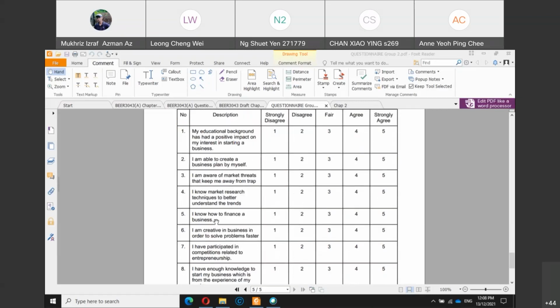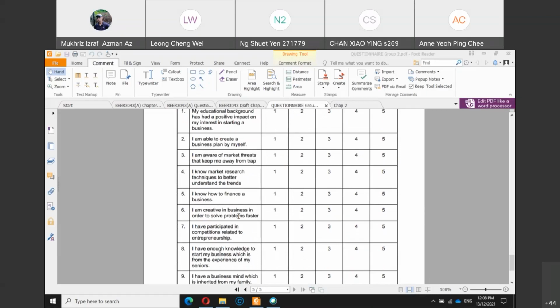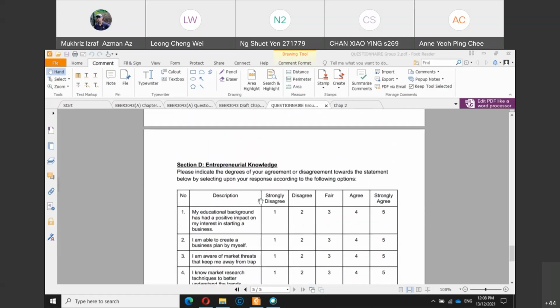By the way, where do you get this question from? Doctor, group number 2. Our objectives are personal attitude, then personal traits and entrepreneurship knowledge.